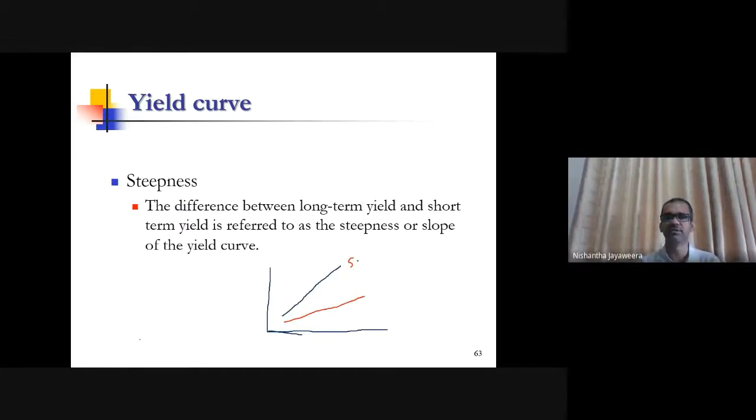So if we consider this is the first curve and this is the second curve, the new one, then you can see this is the downward shift. It could also happen the other way around.